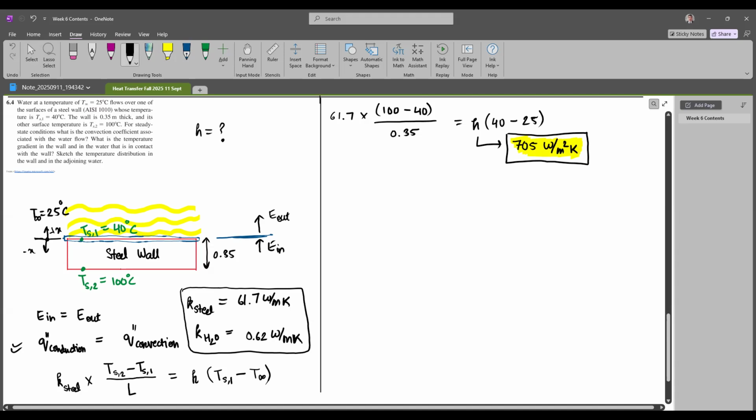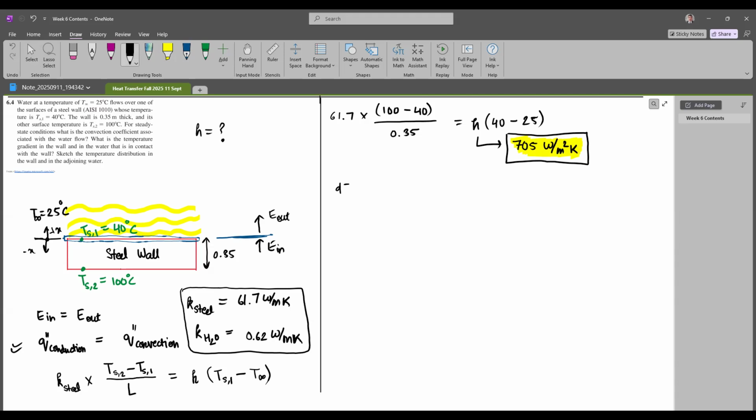So dT over dx in the steel wall at x equal to 0 is what we have to calculate. And in water, it would be dT over dx in H2O at x equal to 0.